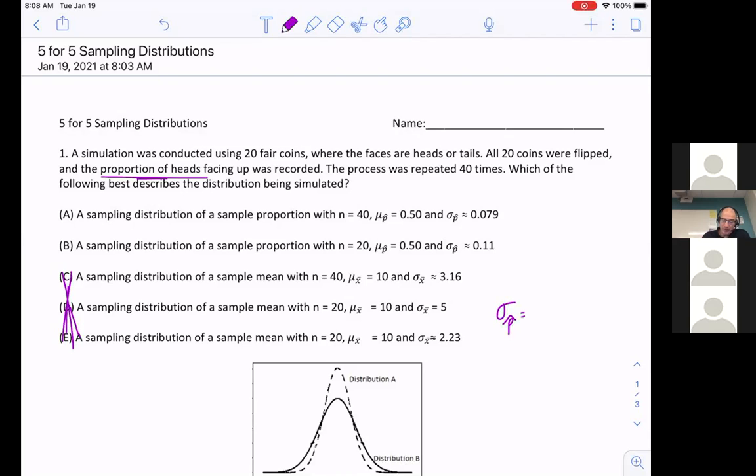Again, I guess it depends what we're measuring here. I have in my notes 0.5 times 0.5 divided by 20. Somewhere in my notes, I determined this morning I want to think my sample size is 40. However, in my notes, I have this as my answer with a sample size of 20.